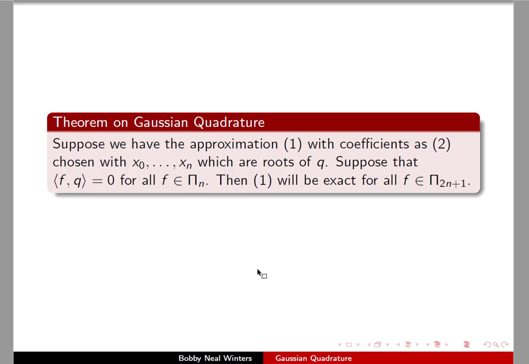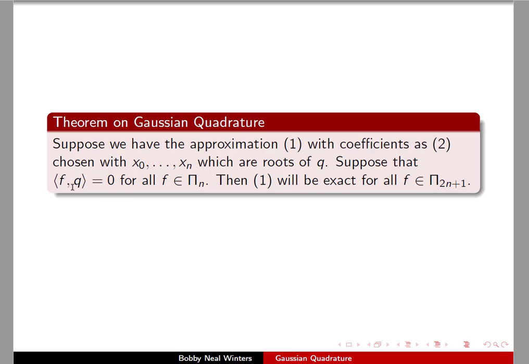Now, suppose that we have an approximation 1 with the coefficients as in 2, chosen where my knots x_0 through x_n are the roots of a polynomial q.